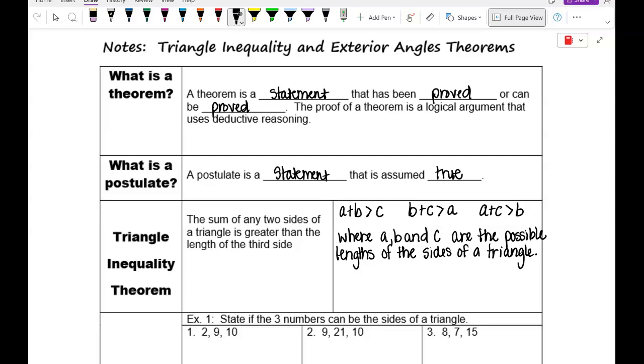All three inequalities must be true for the lengths to make a triangle.